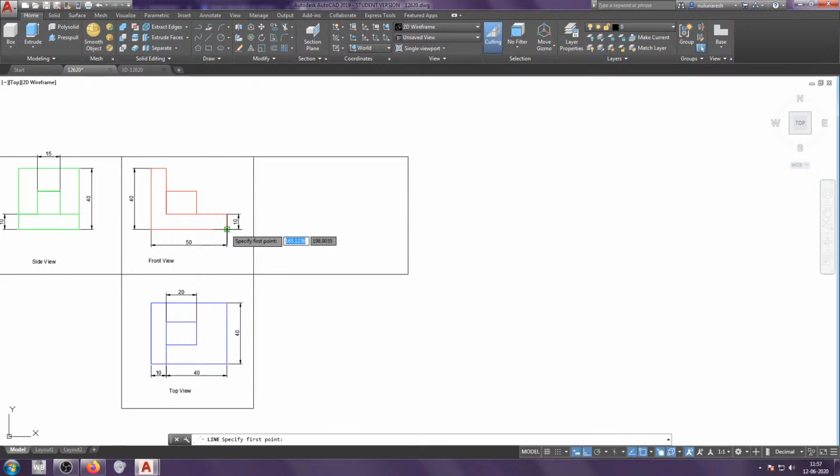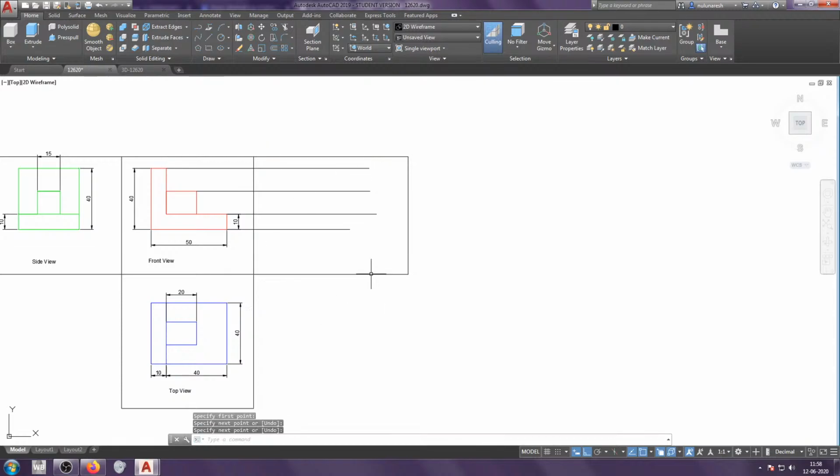Now take the projections. From the side view also the dimension is 40.